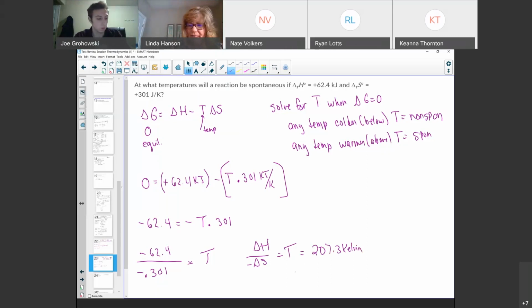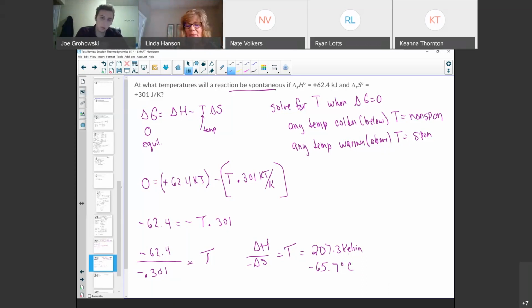Perfect. And just in case they have Celsius, I'm going to put both down because I've seen the multiple choice where they give you Kelvin temperatures in the list, or they might give you Celsius temperatures in the list. But now all you would do to complete this problem is, when will it be spontaneous?